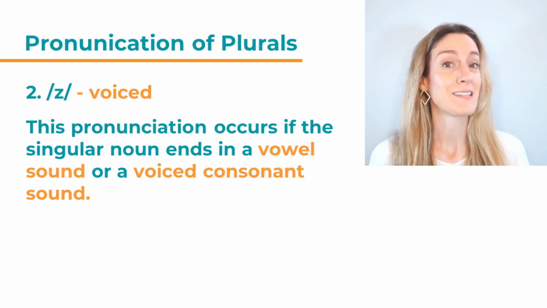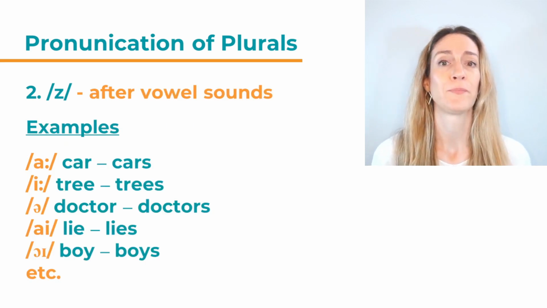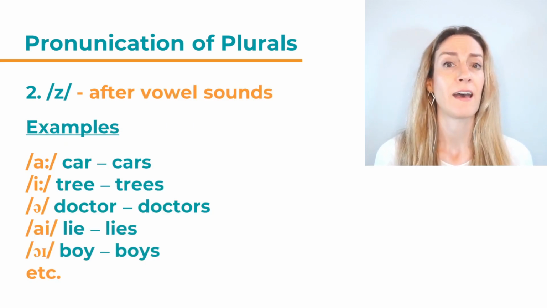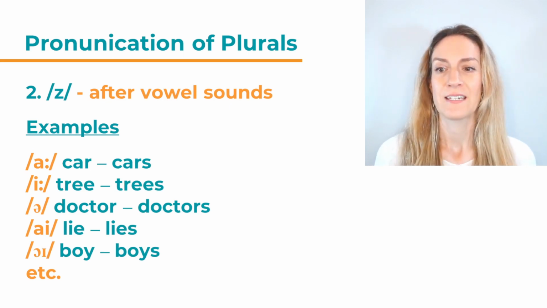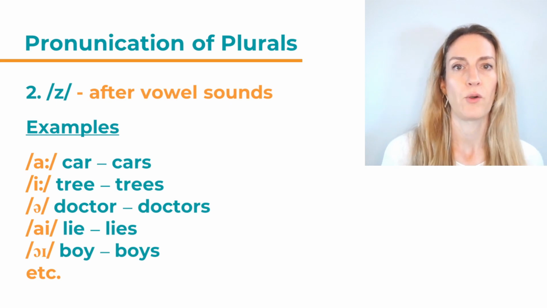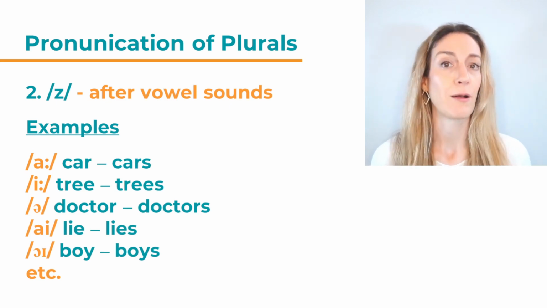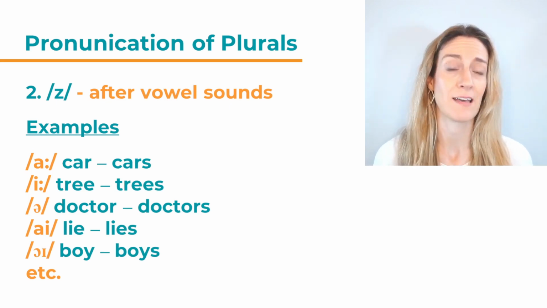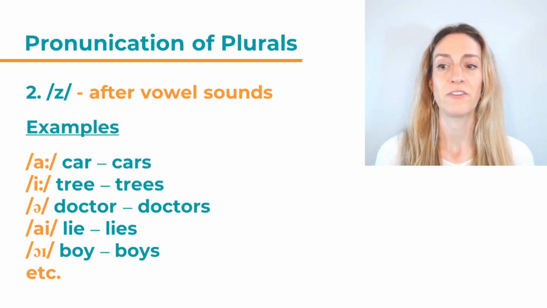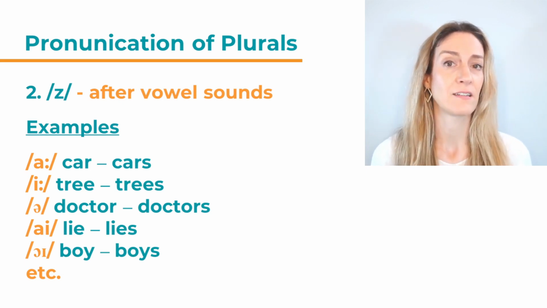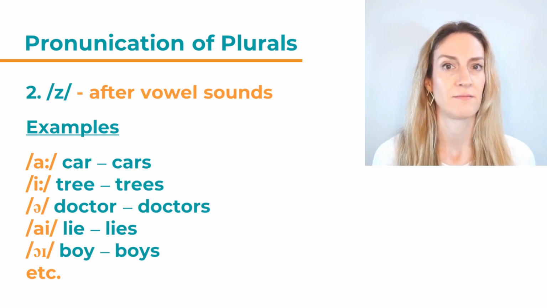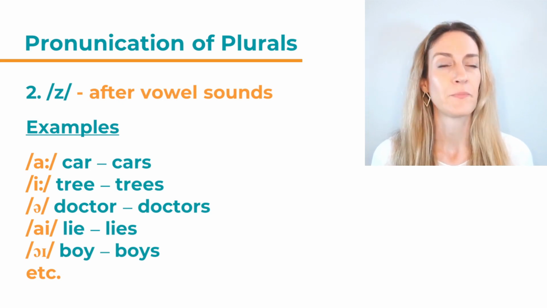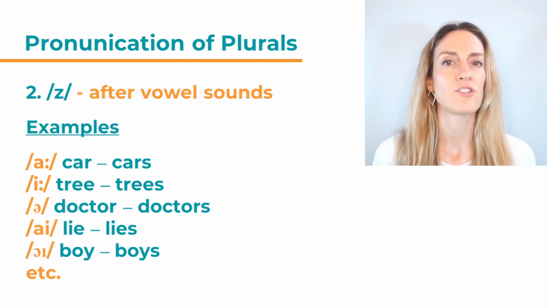Let's have a look at some more examples. First of all, Z, when we have a singular noun that ends in a vowel sound. And I put down the singular and also the plural form, and also the vowel sound that is the last sound of the singular nouns. So first of all, we have A as in car, and the plural is cars. Then we have E as in tree, and the plural is trees.